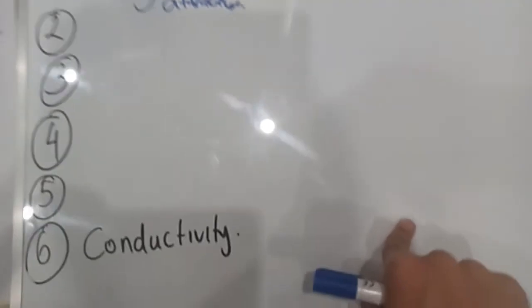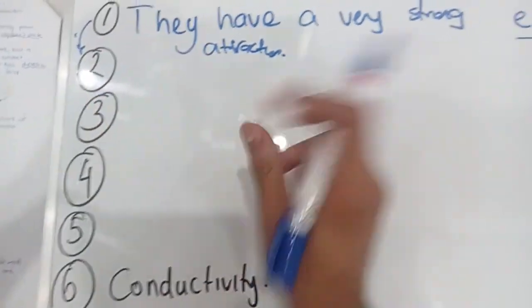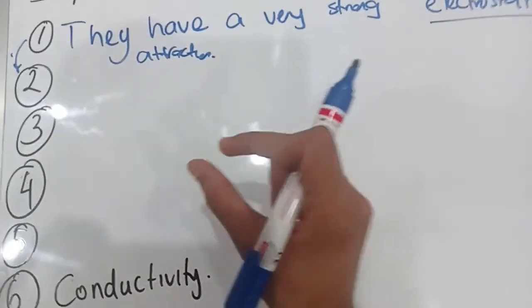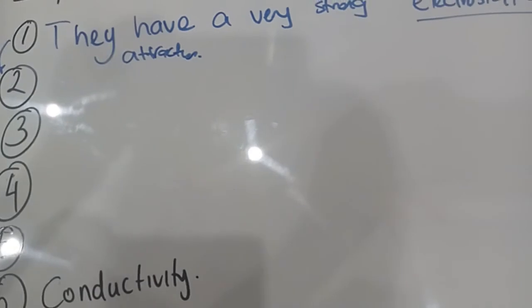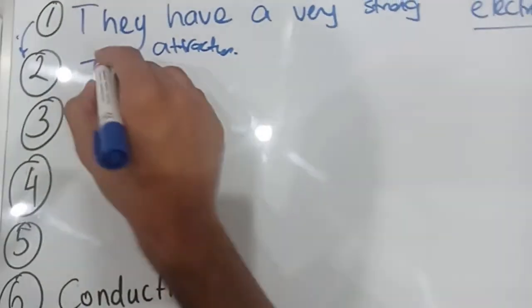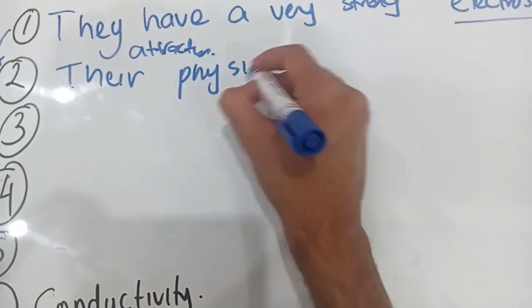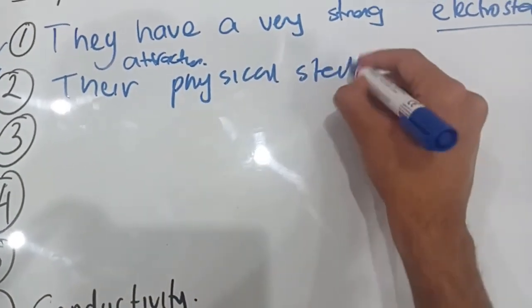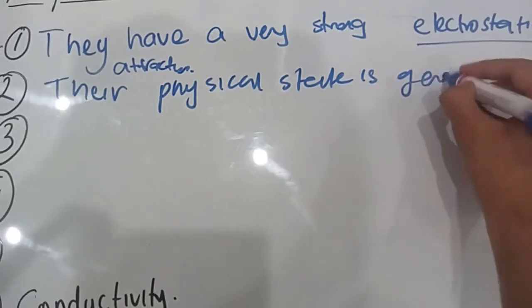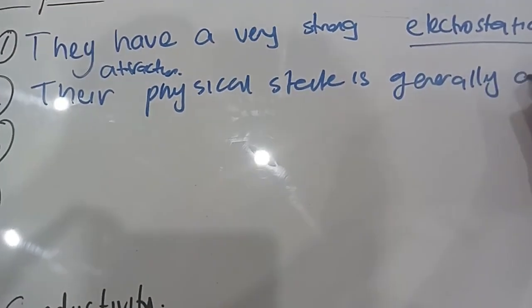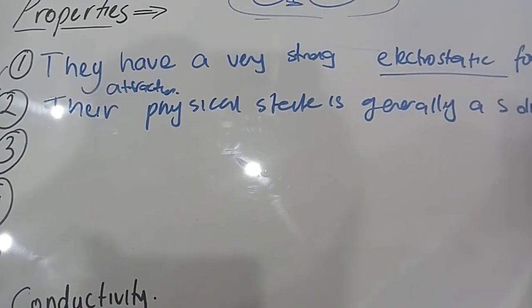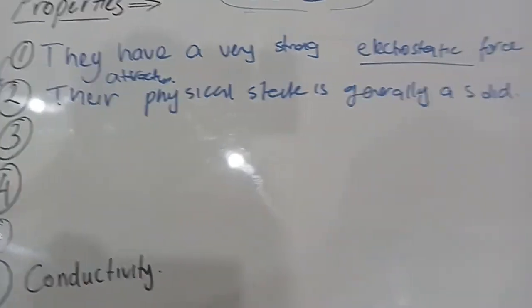Okay? And since they have a very strong electrostatic force of attraction, the ions are so closely packed together that their physical state is generally a solid. And why is it a solid?